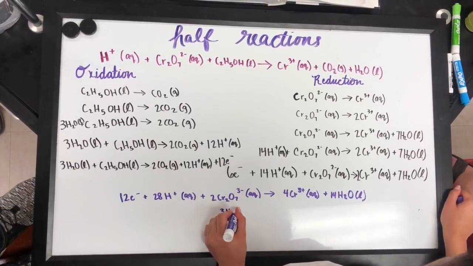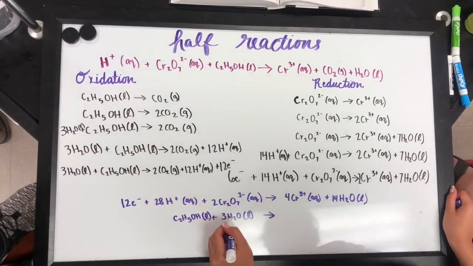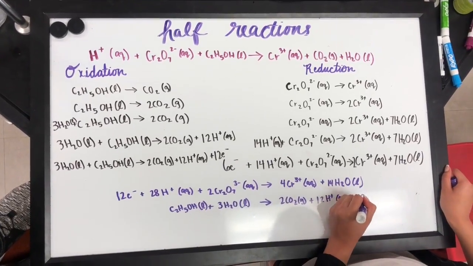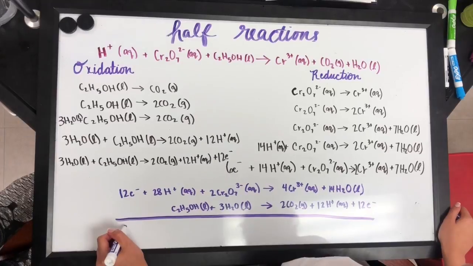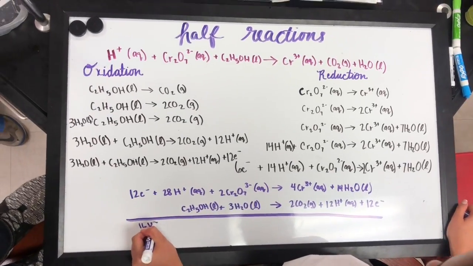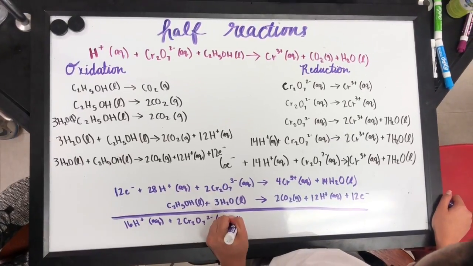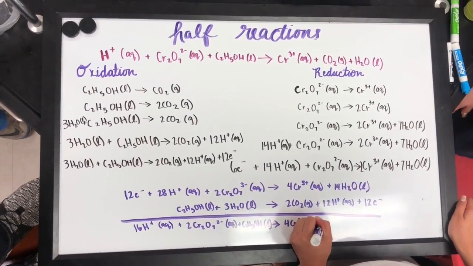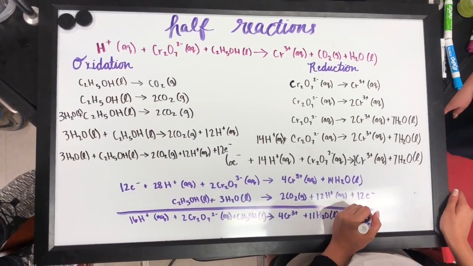If this were to take place within a basic solution, we would add hydroxide ions towards the end, in order to cancel out excess protons occurring on either side of the reaction, after we've combined the half reactions. After doing this, we would then proceed to cancel out any repeating species.